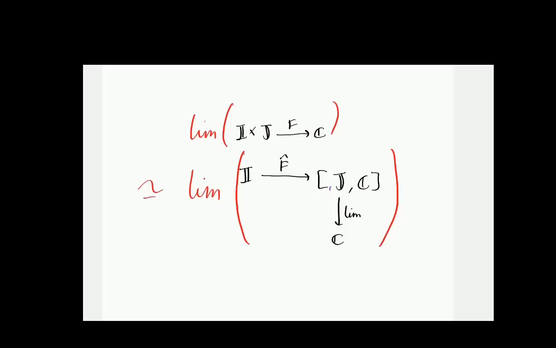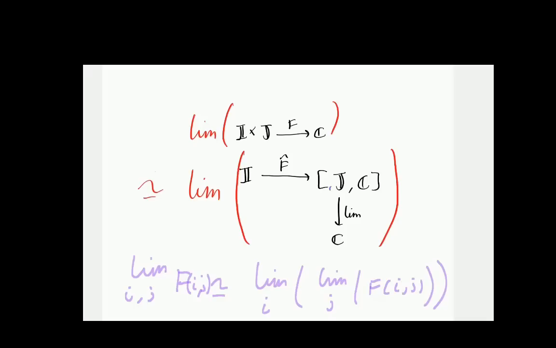And basically what the theorem says is that if we have a functor F like this, then if we take the limit of it over both variables at the same time, that's equivalent to taking the limits one after the other, like this. So we should have F of i of j, and I kind of prefer this way of writing it. It seems a bit more precise to me.